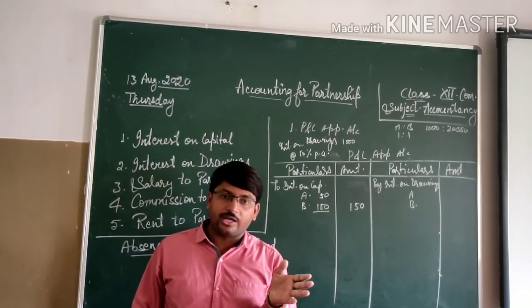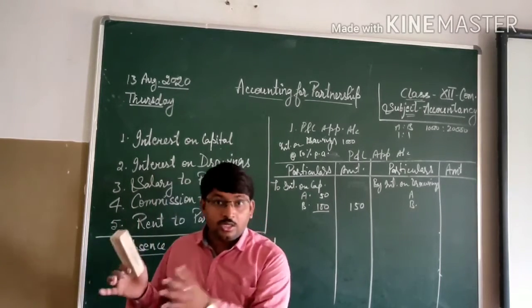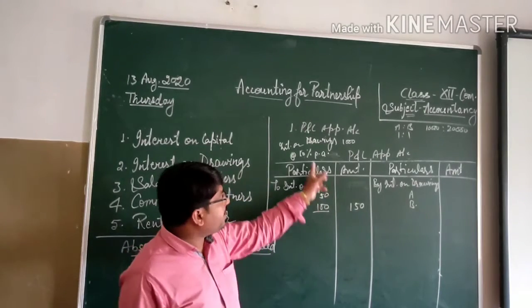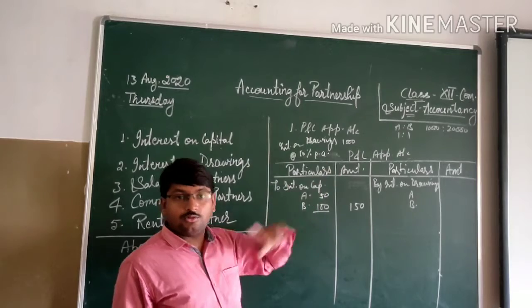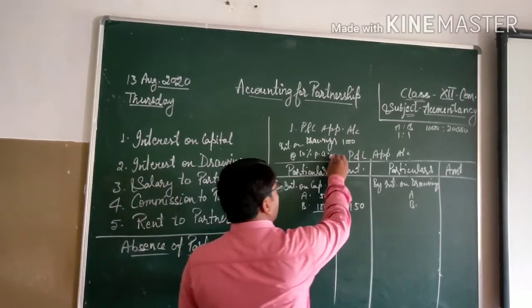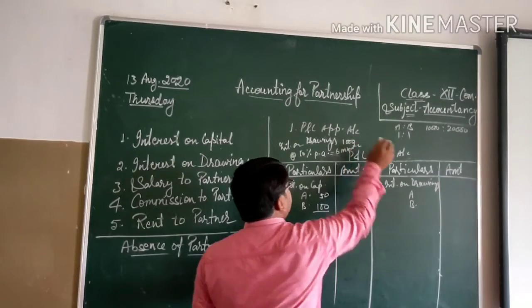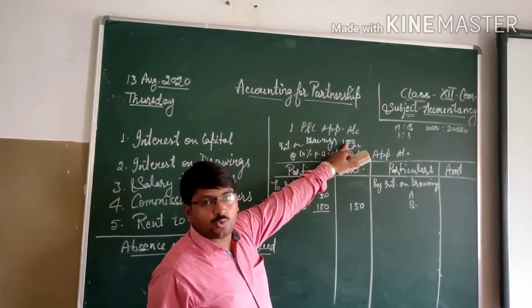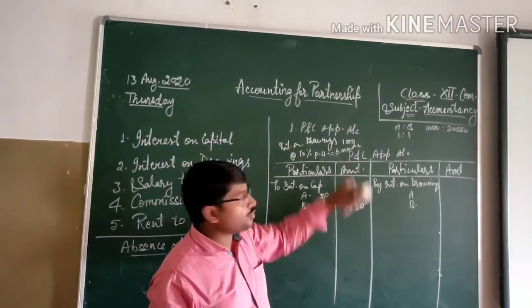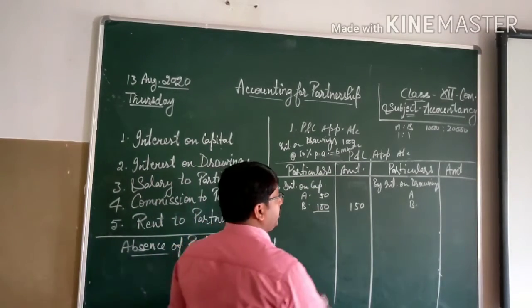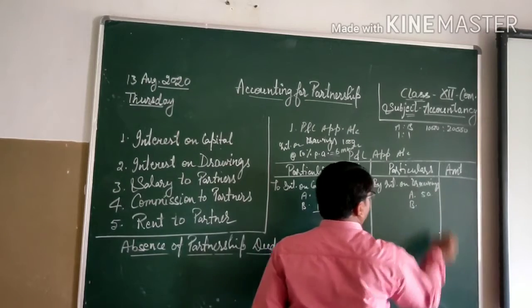If you have been given the time period, then you have to calculate as per that. Meaning if the drawings are 1000, 10% of 1000 is 100 rupees, and for 6 months it will be only rupees 50.